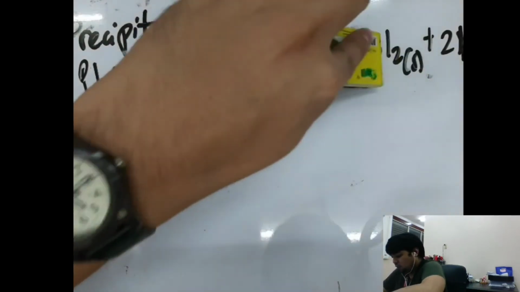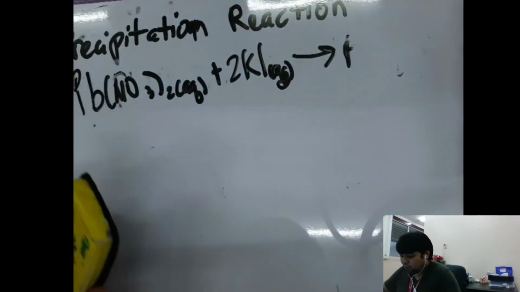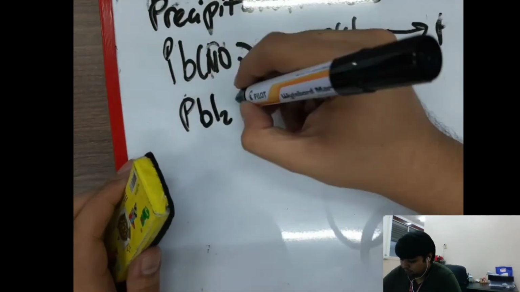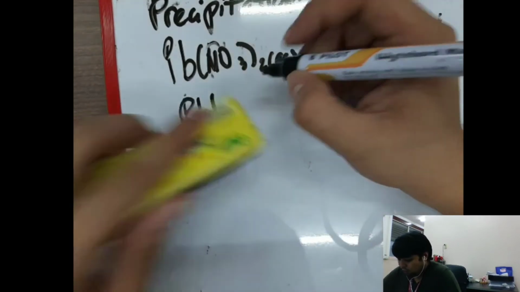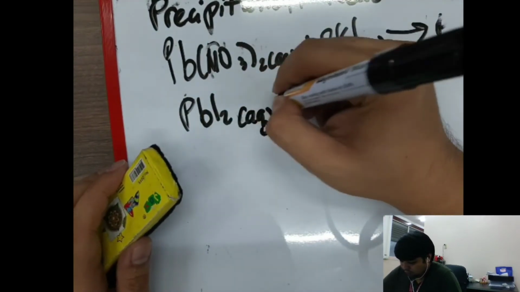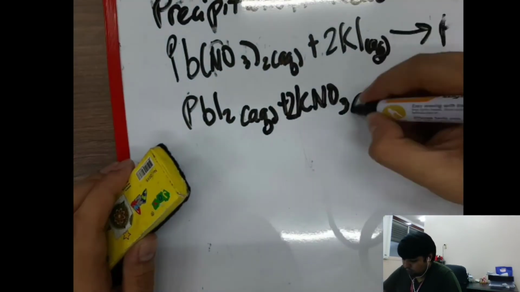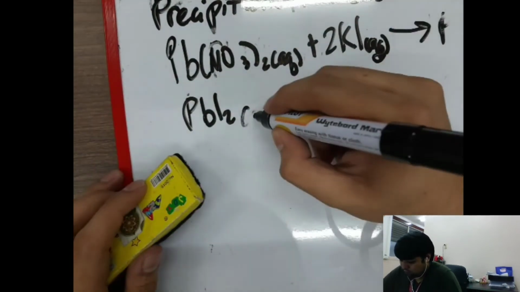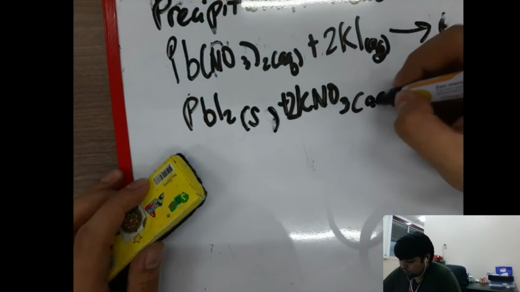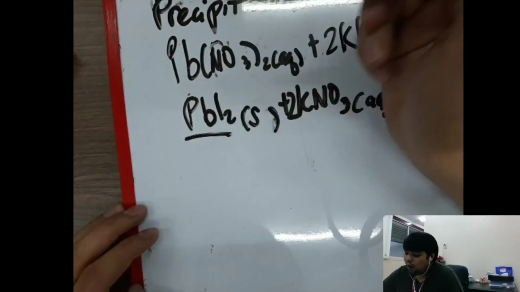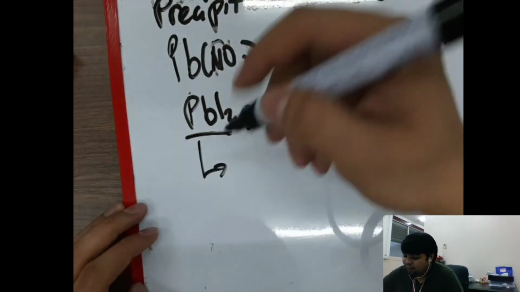Now, in this case, our precipitate here is the lead iodide.